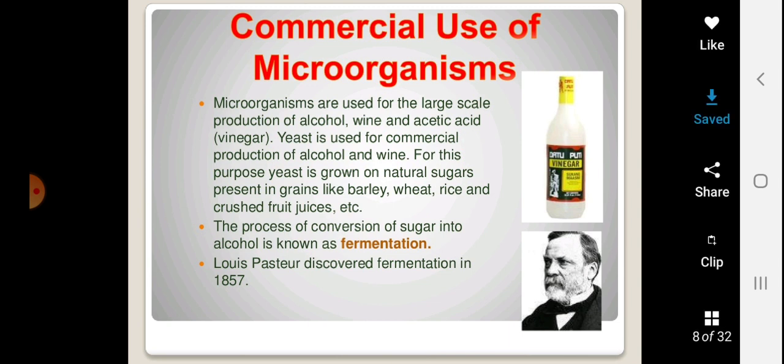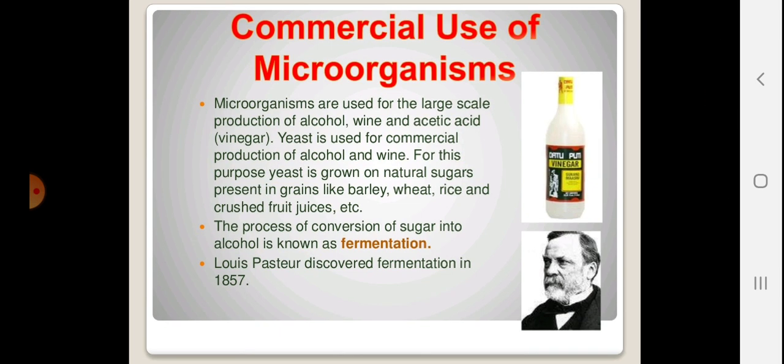Louis Pasteur, a very famous name, first discovered fermentation in 1857, which is almost 175 years ago. He was the first one to notice fermentation. Later, many practices were discovered for the commercial production of wine and alcohol.